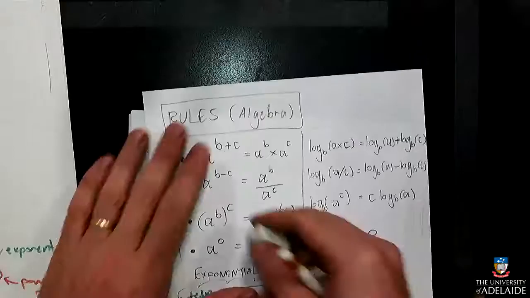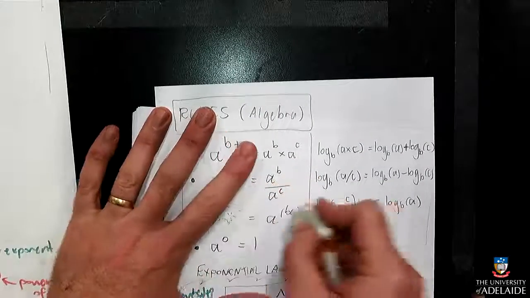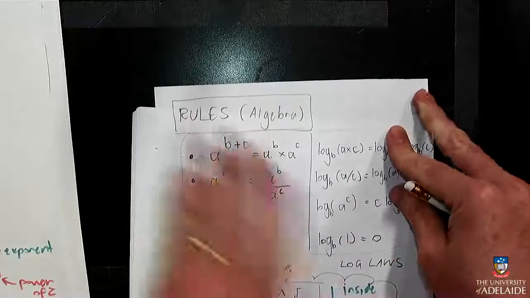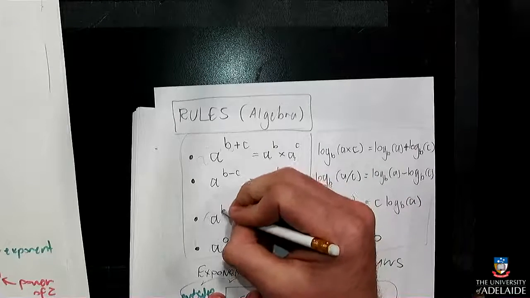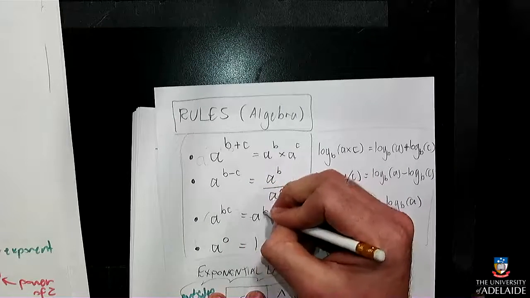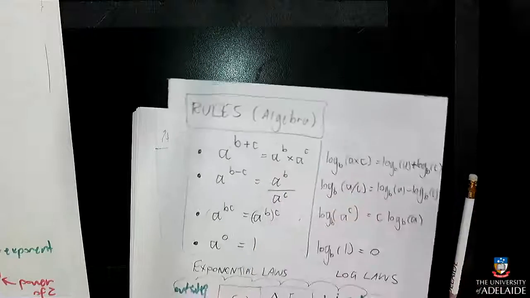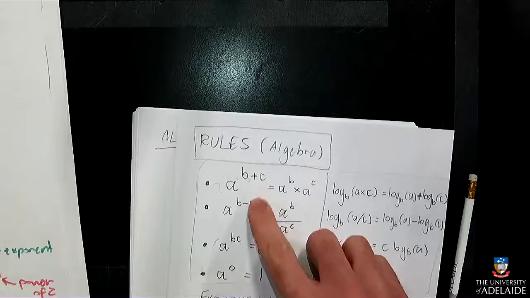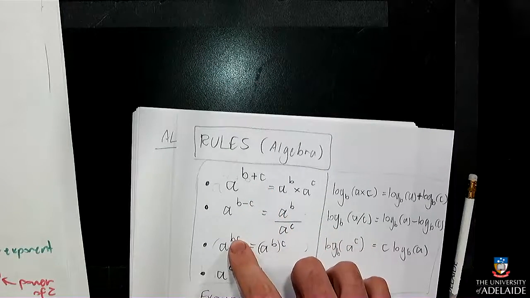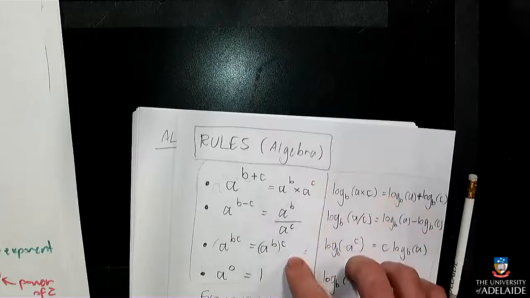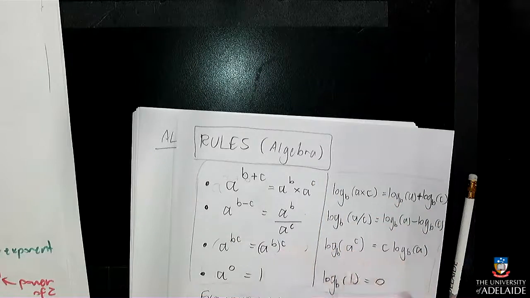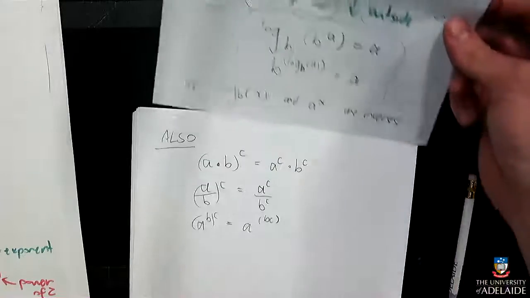Actually, this one should be written in reverse, I guess. Like that. Yeah. Plus and minus on the inside become times and divide on the outside. That's for exponentials.